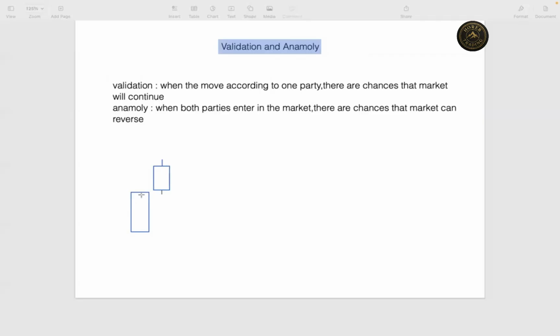And here we have a series of candles. I will draw a series of candles to illustrate validation and anomaly. Buyer candle, volume is increasing here.